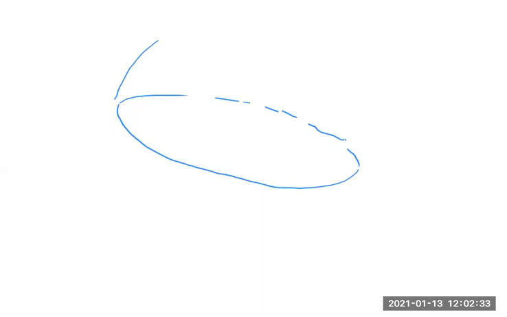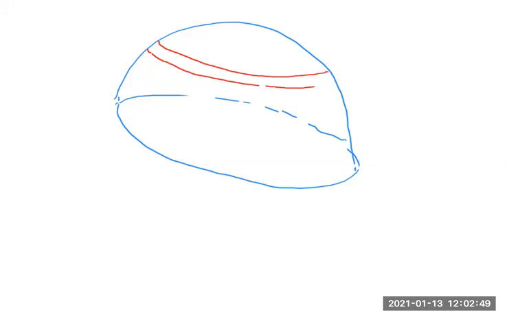I won't do any 3D angles or anything. Look, so this is the hemisphere. Yeah. So this hemisphere is made up of rings. How do you make a hemisphere from rings?